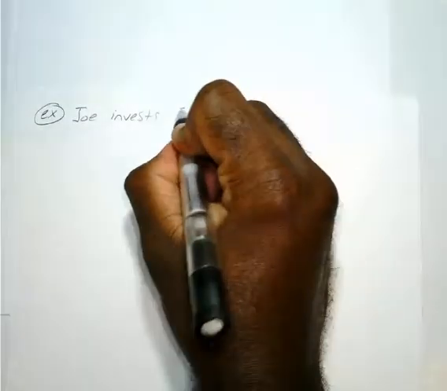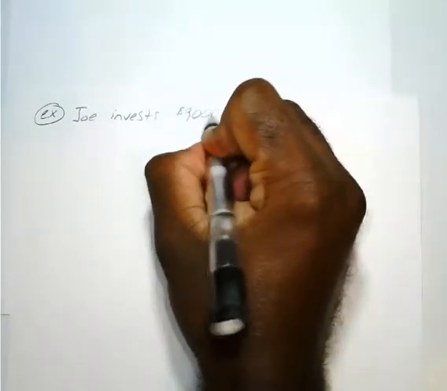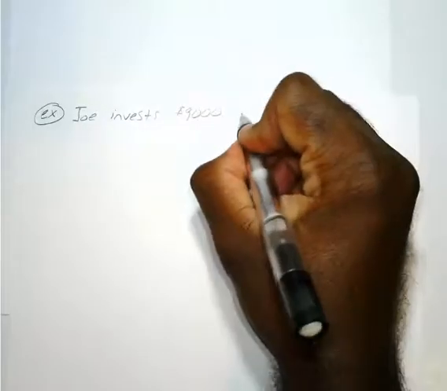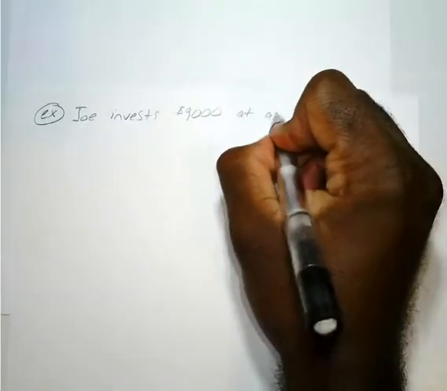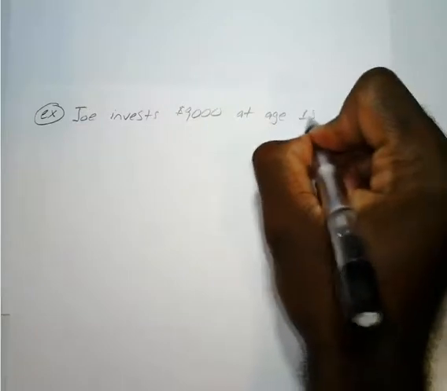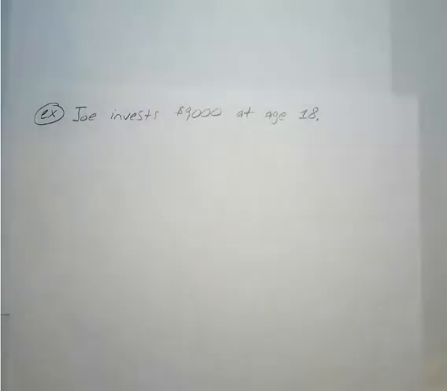Okay, so let's say for this example that we know that Joe invests $9,000 at age 18. So when he was 18 years old, he invested $9,000.